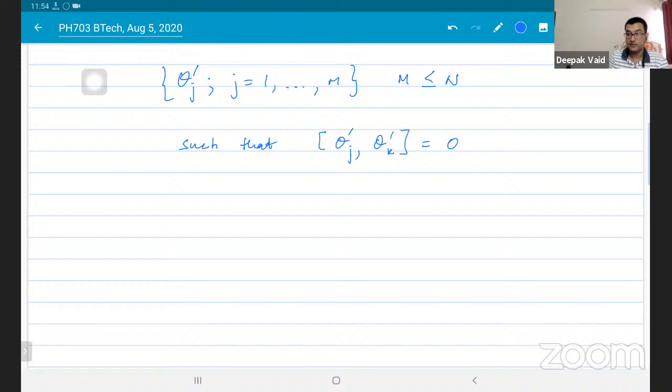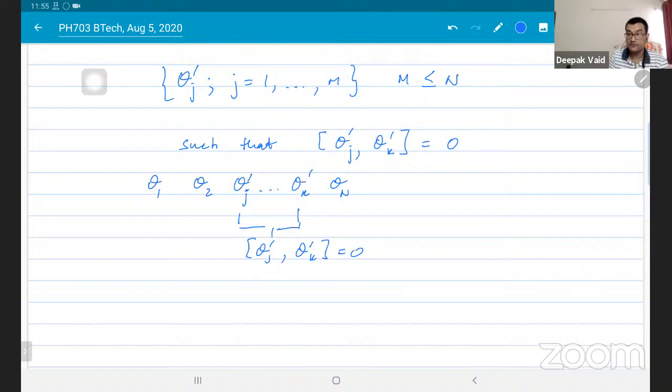Imagine that you have some set of operators, and out of this set, you pick a certain subset. You take two operators such that their commutator is 0.